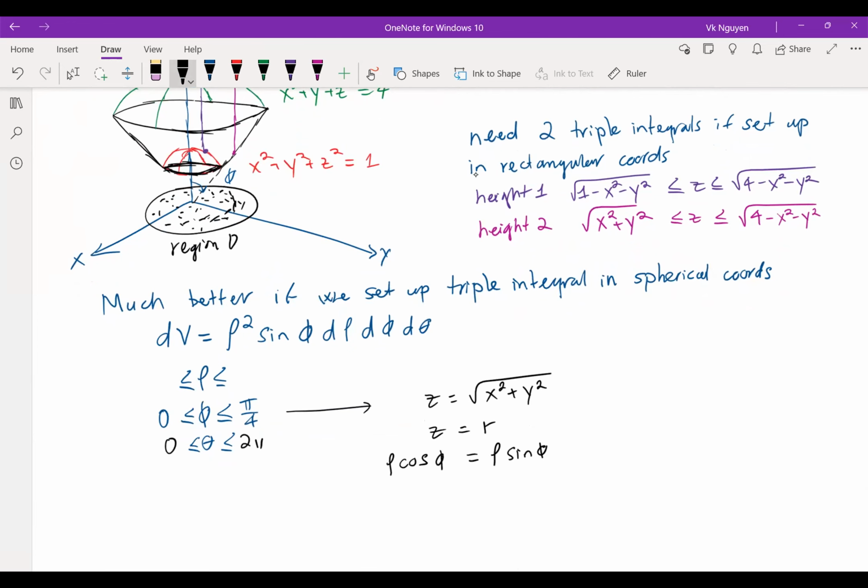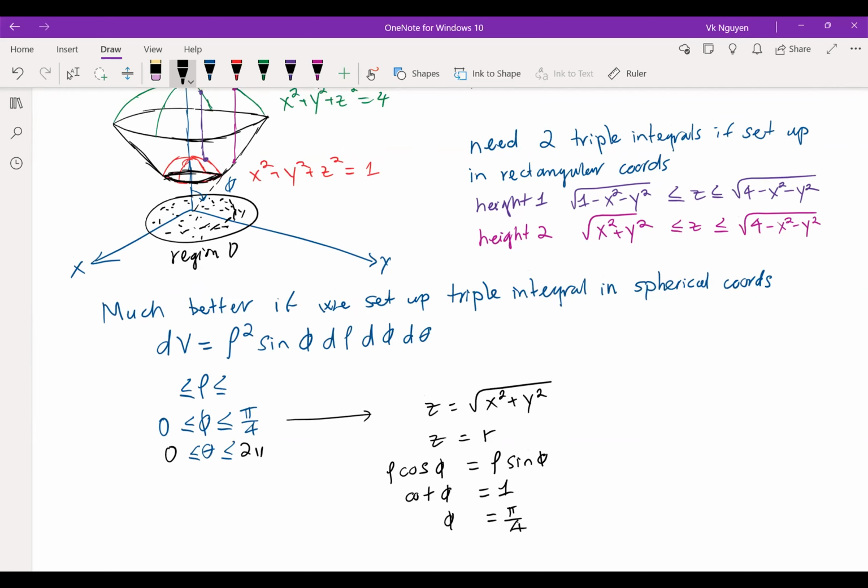You can do either tangent or cotangent, up to you. So cotangent phi equals 1, so phi is pi over 4. That's where you get phi from.